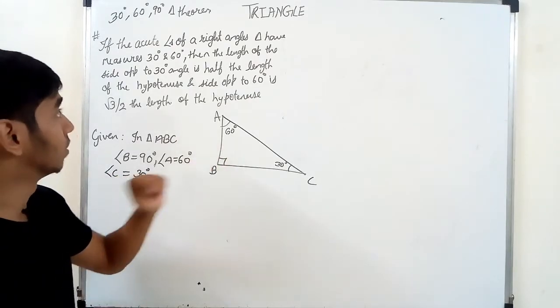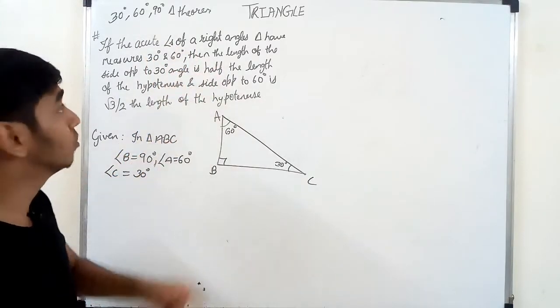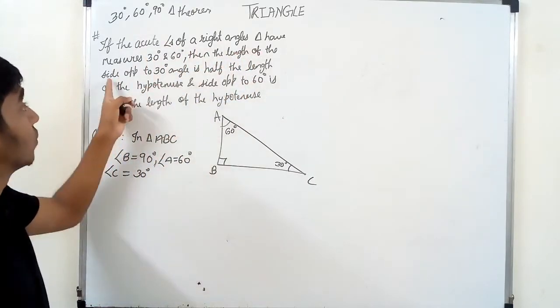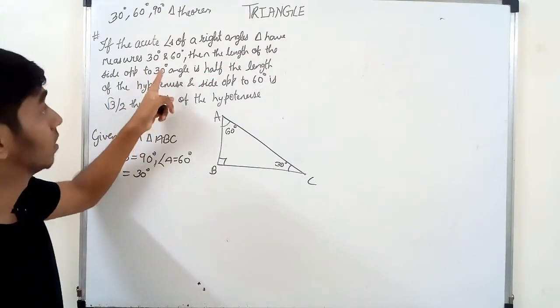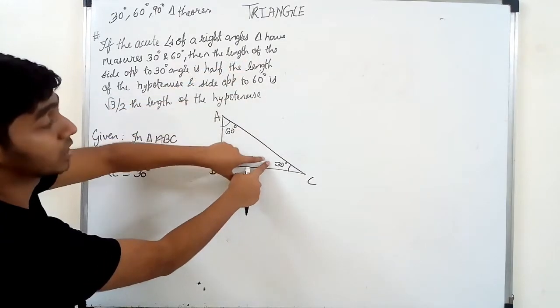Then what are we supposed to prove? The length of the side opposite to 30 degree. Which length is opposite to 30 degree?